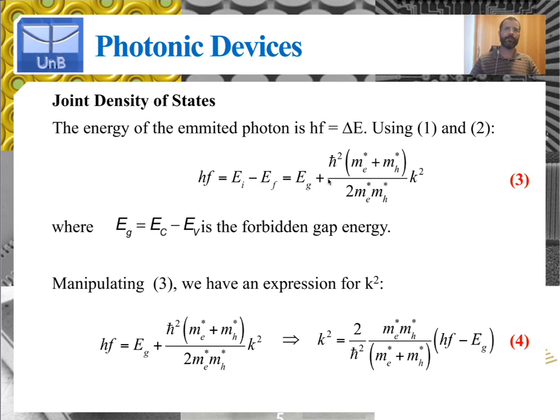So this is equation number 3, and in this equation we can now proceed to isolate this k squared term.